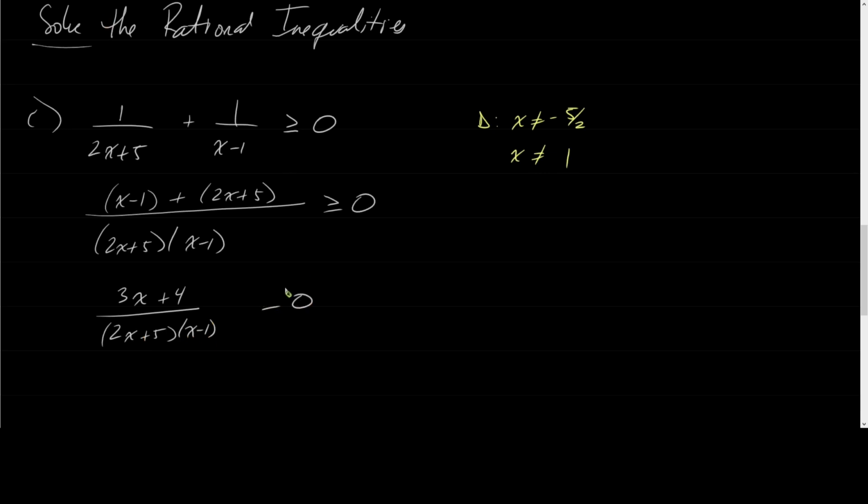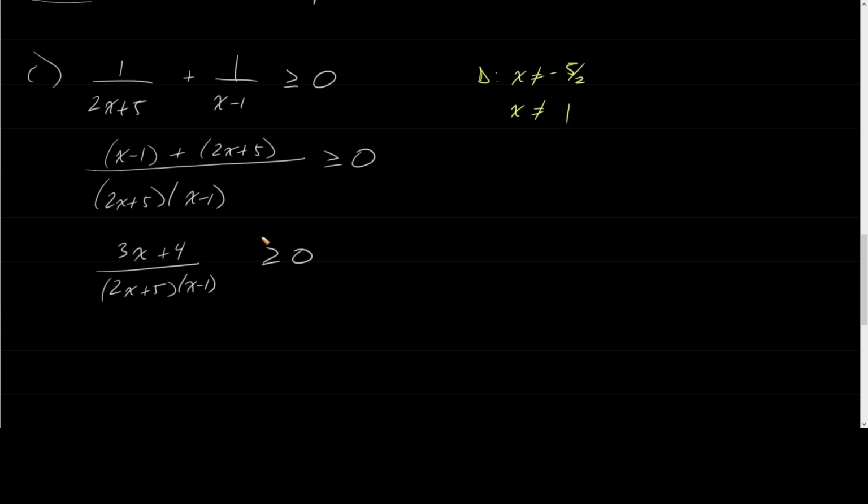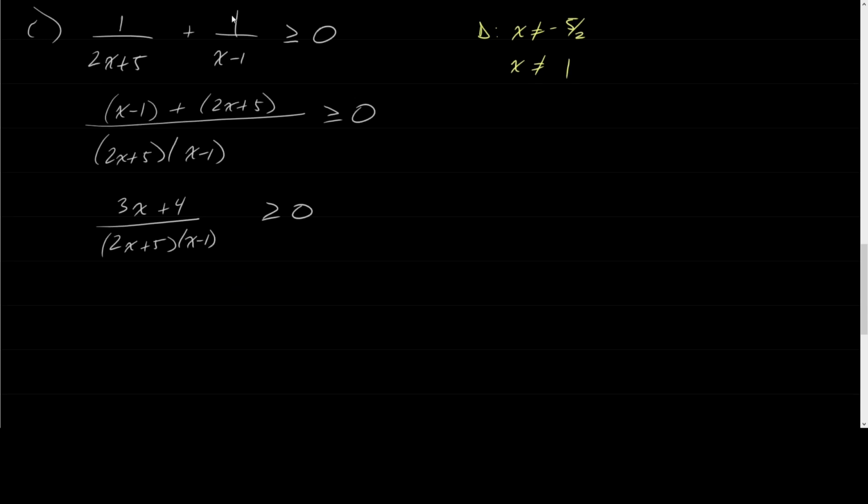Now, at this point, we're going to do the same thing that we did before, where we treat this inequality as an equation. So let's see, what do I mean? We're going to look at this as 3x plus 4 over 2x plus 5 times x minus 1 is equal to 0. At that point, we have a fraction equaling 0.